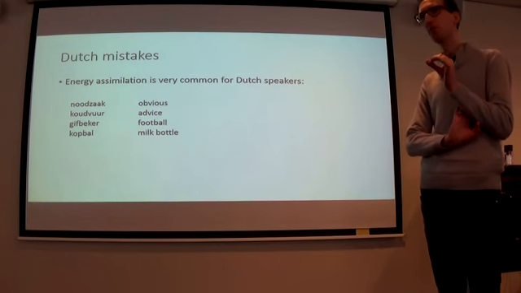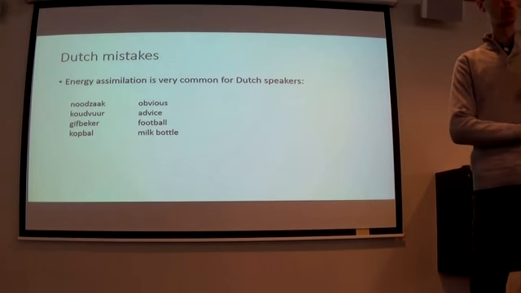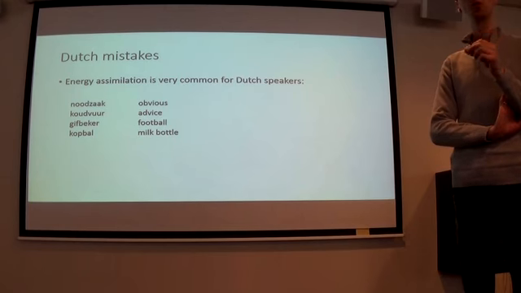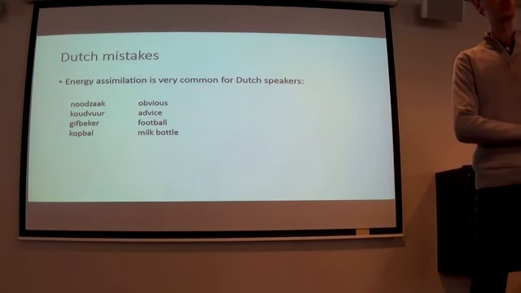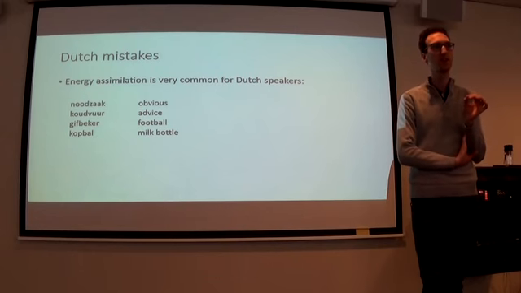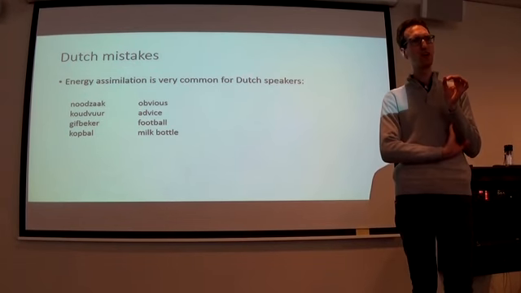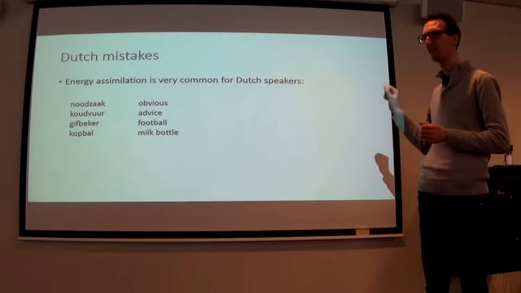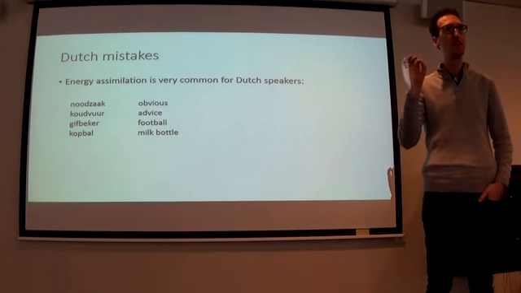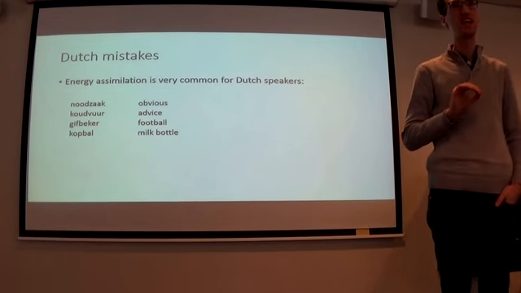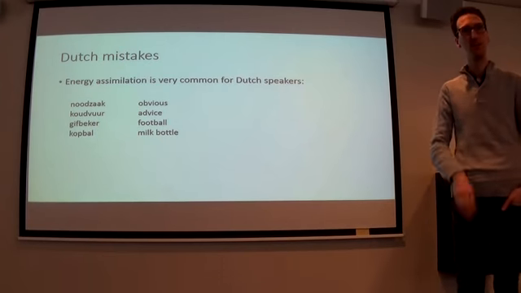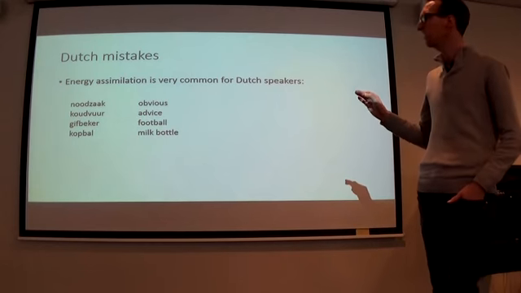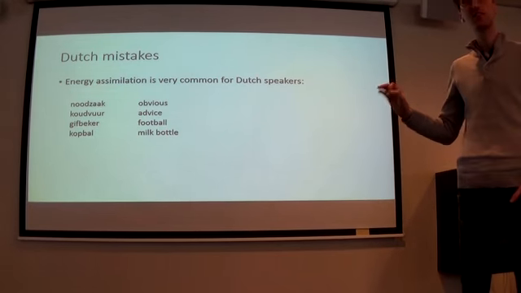I also devoice the Z in Dutch, so I change the Z into an S. If I write this down in Dutch, I write N-O-O-T, S-A-A-K. That's how you say it. English people don't do that. So in Dutch we tend to devoice sounds.